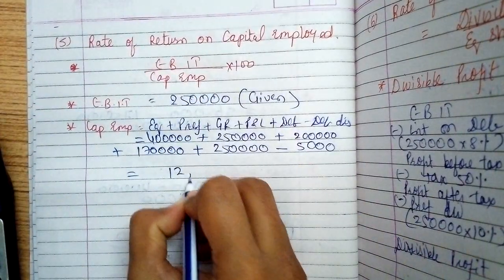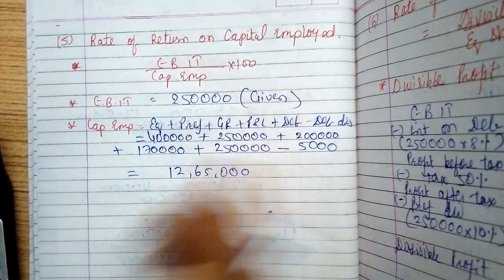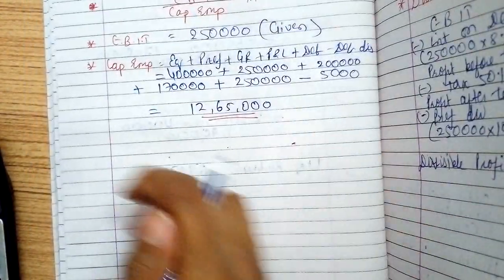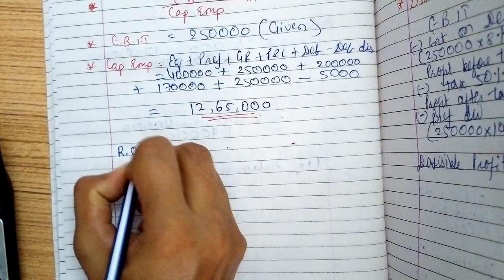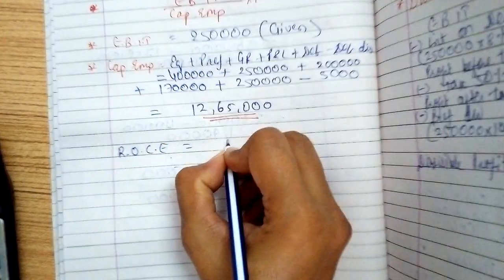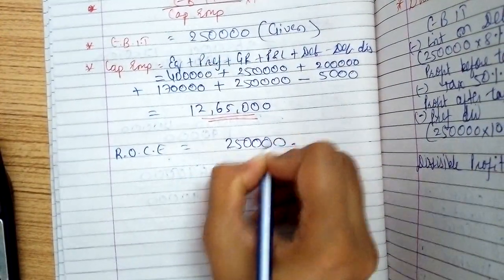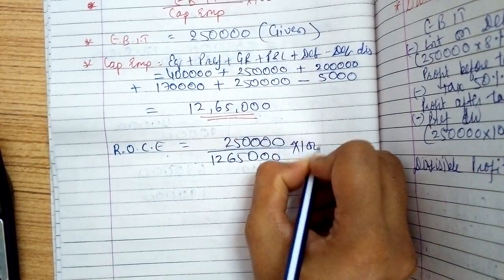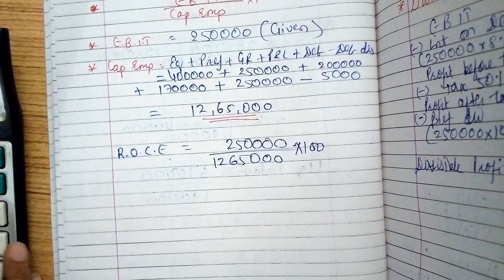So that is 12,65,000 rupees of capital employed. So now return on capital employed will be 2,50,000 divided by 12,65,000 into 100.